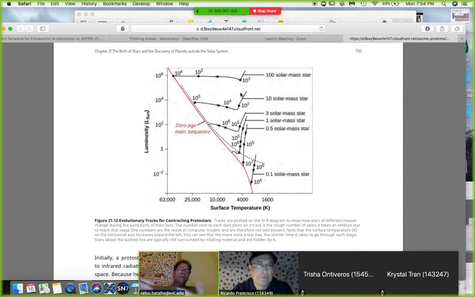And we call that the post-main sequence phase. So we have a pre-main sequence phase, and we have a post-main sequence phase, in which the star becomes an asymptotic giant branch star, or becomes a giant or supergiant, and then we have these different classes.